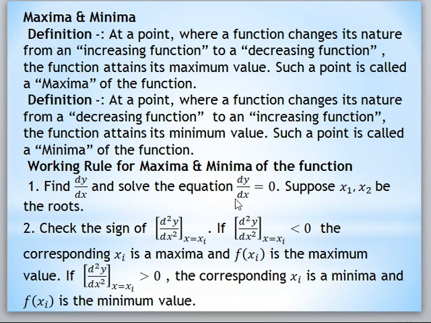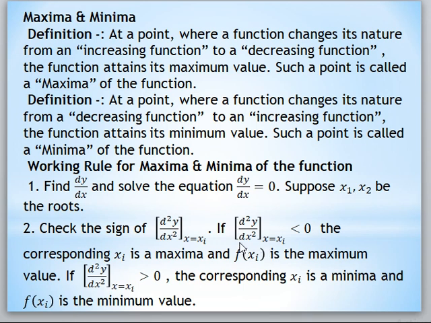Suppose the points where the derivative is 0 are x1 and x2. In the next step, we find the second derivative d2y/dx square and check its sign at these two turning points.